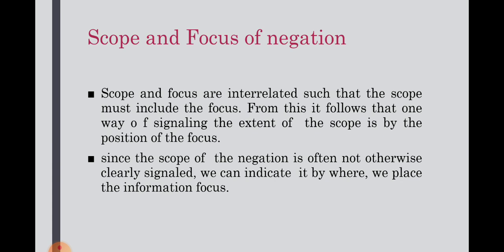Scope and focus of negation. Scope and focus are interrelated such that the scope must include the focus. Of course, since we have a focus of negation, this means that the scope should include this part because we focused on it in our negative sentence.